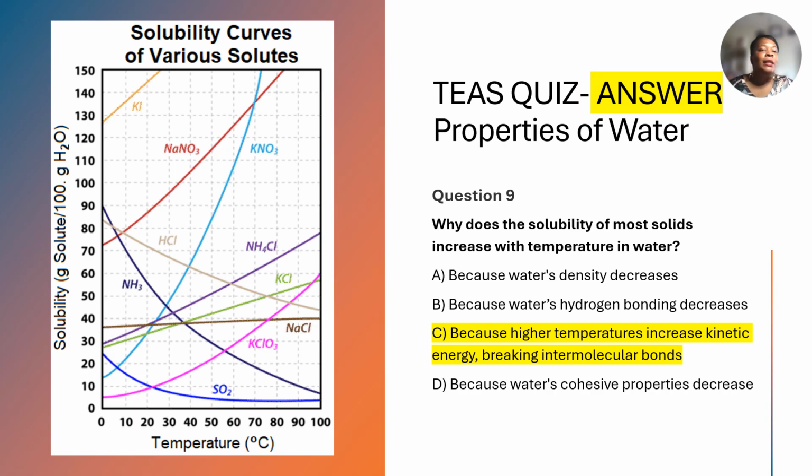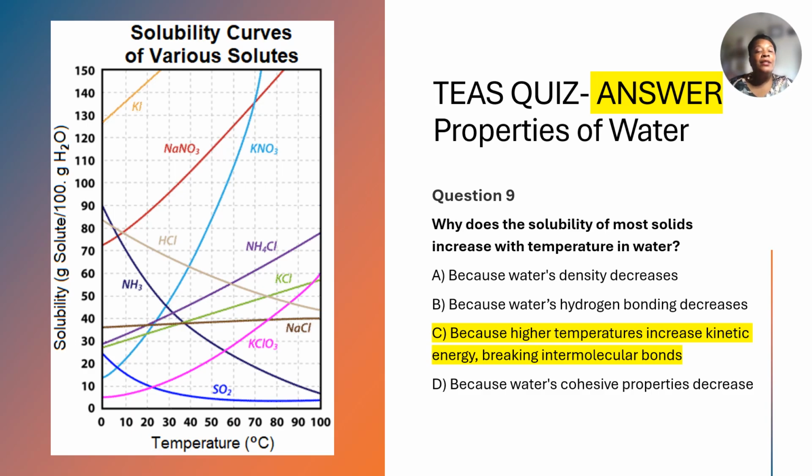And then finally, letter D, the reason why that is also not the correct answer is because the cohesive properties of water due to hydrogen bonding do decrease slightly with temperature, but that is not the primary reason for the increased solubility of most solids. As a matter of fact, the solubility is mainly influenced by the increased kinetic energy that helps to break intermolecular bonds within the solids.